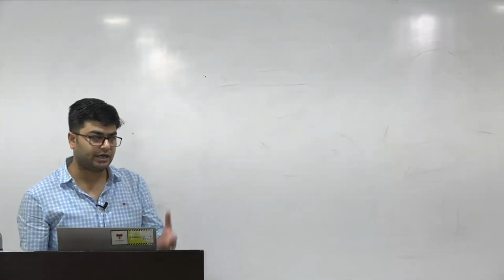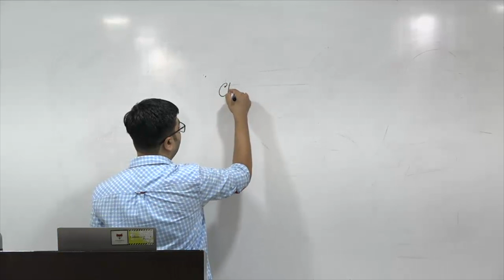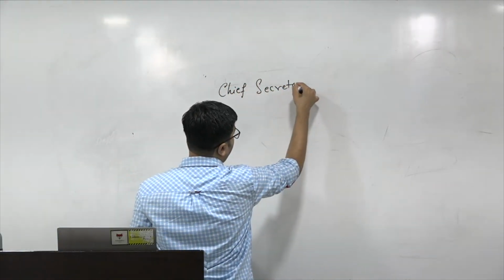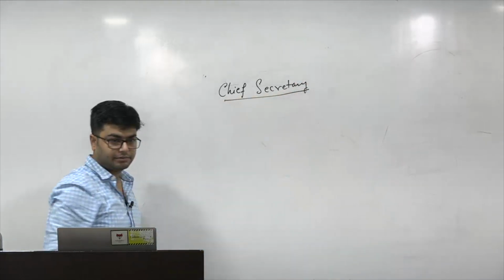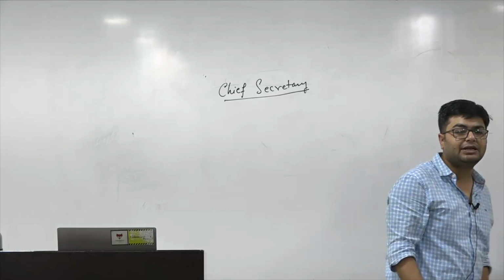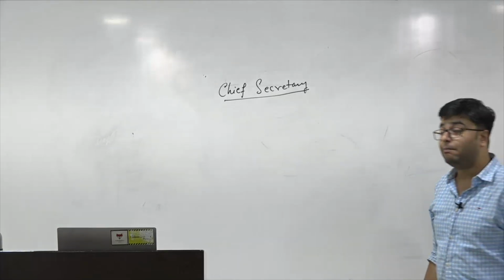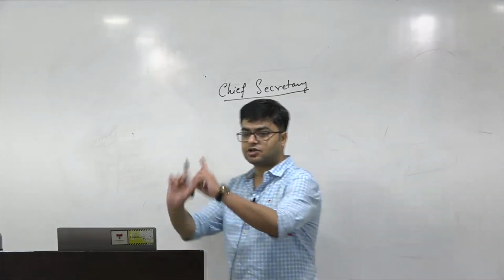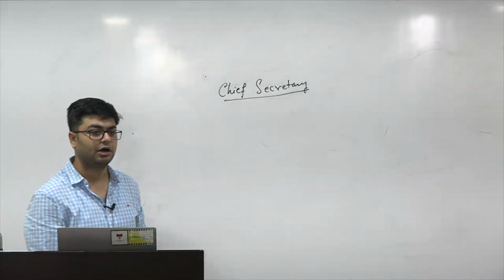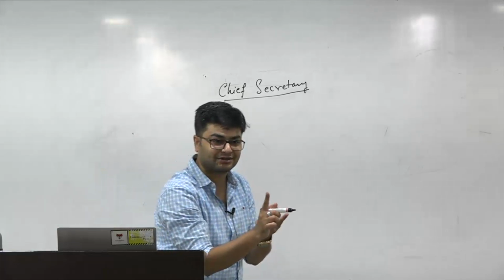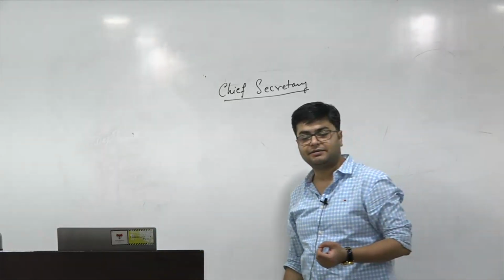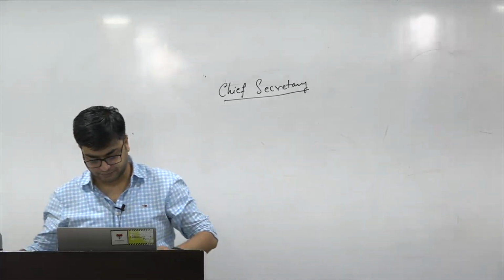Now this brings me to another very interesting office, which is of Chief Secretary. A unique position. While the closest analogous would be the Cabinet Secretary, but if we look at the scope of powers, the Chief Secretary is even more powerful, obviously in their own jurisdiction, more powerful than the Cabinet Secretary.